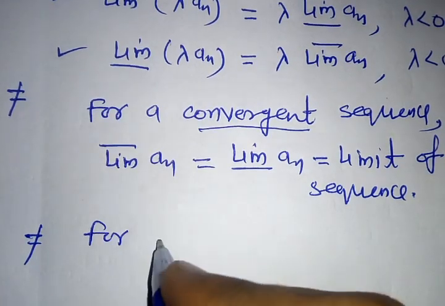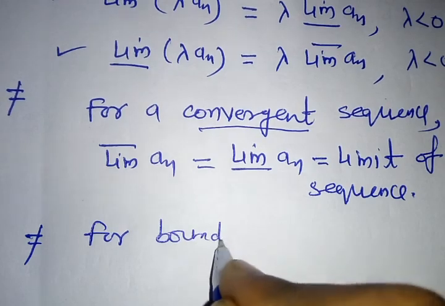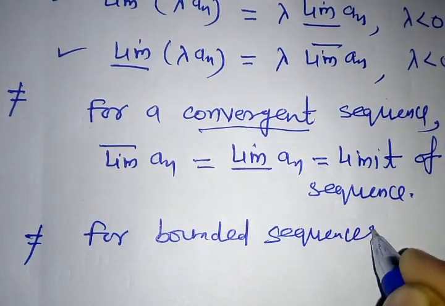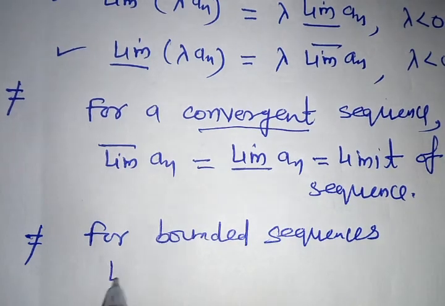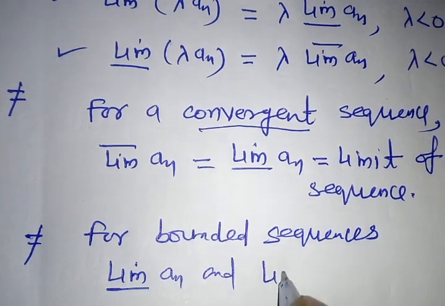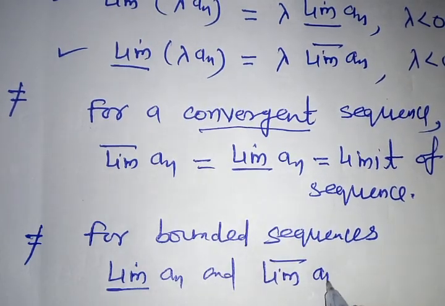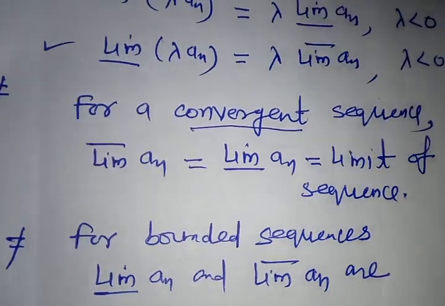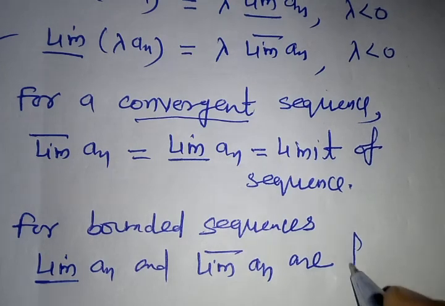For bounded sequences, limit inferior and limit superior are finite.